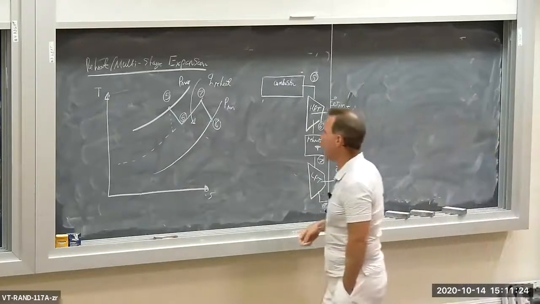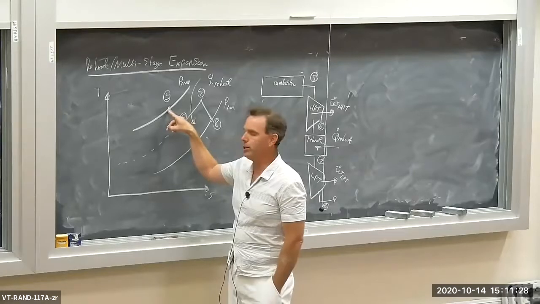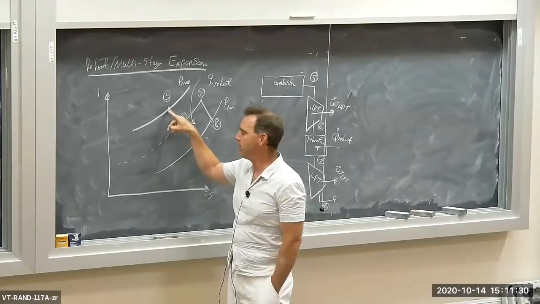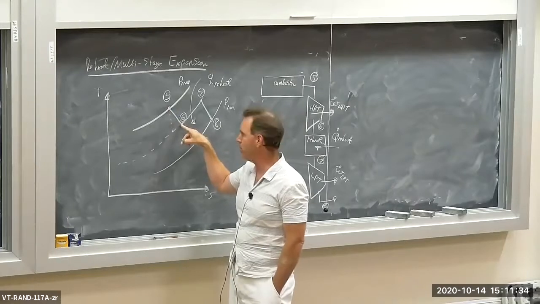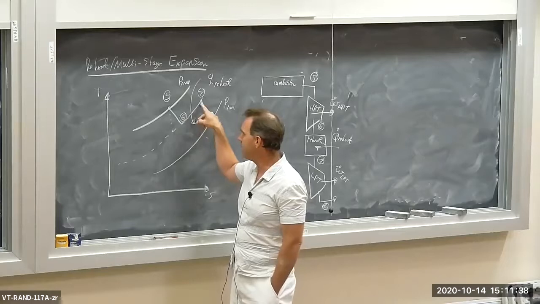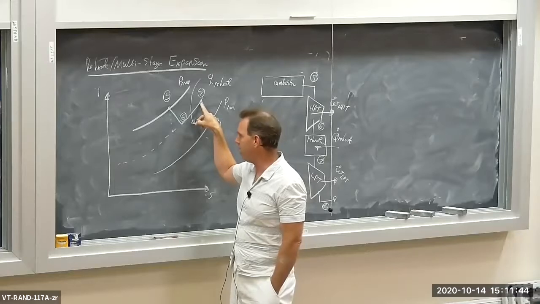So let's go over this one more time. Hot products of combustion, hot air, from the combustor into the high pressure turbine, our first turbine. Add heat in a heat exchanger called a reheater. Add fuel, burn it, add heat.